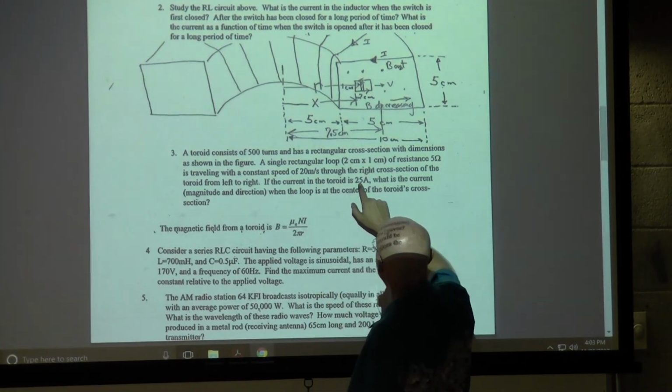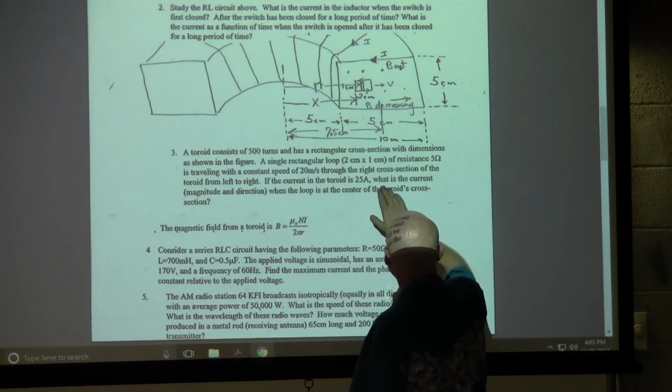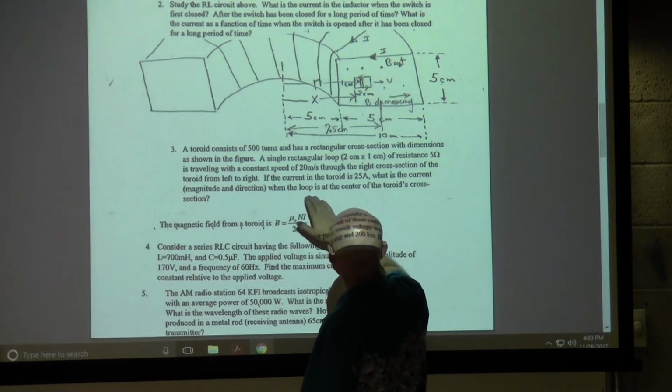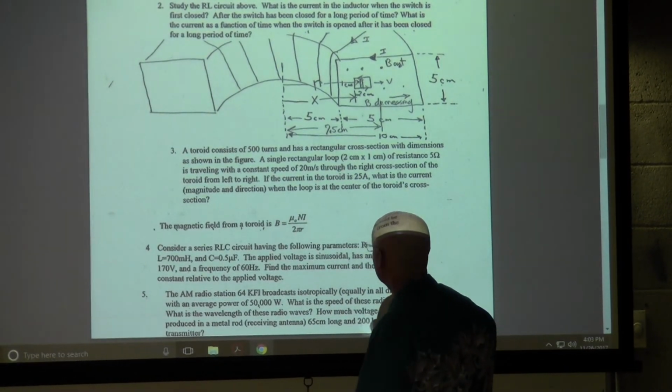If the current in the toroid is 25 amps, what is the current, both the magnitude and the direction, when the loop is at the center?